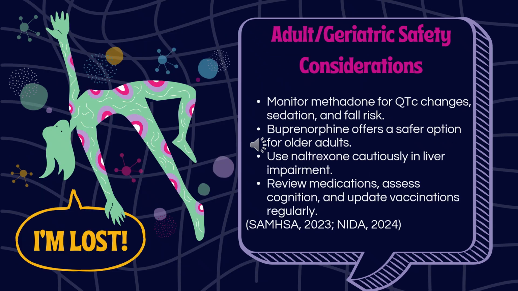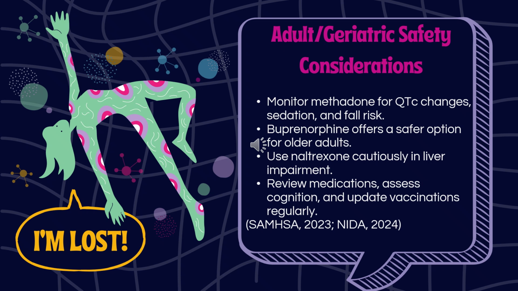When treating older adults with opioid use disorder, safety becomes the top priority. Methadone can be effective but requires careful monitoring for QTc prolongation, sedation, and fall risk. Buprenorphine is often preferred for this population because it has a ceiling effect on respiratory depression, making it safer for patients with pulmonary or sleep-related conditions.